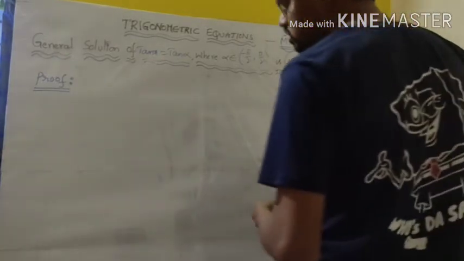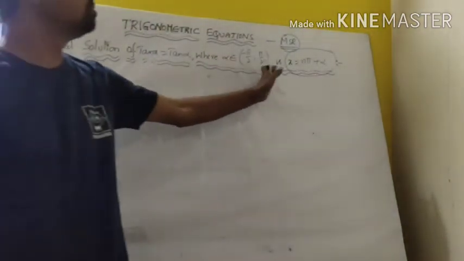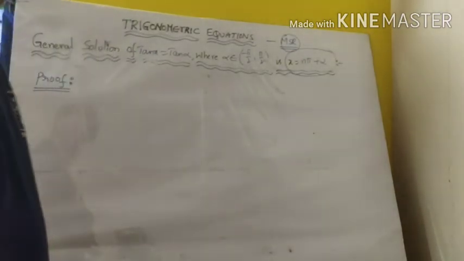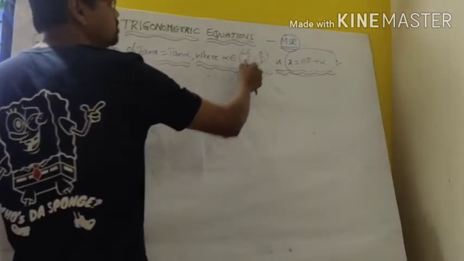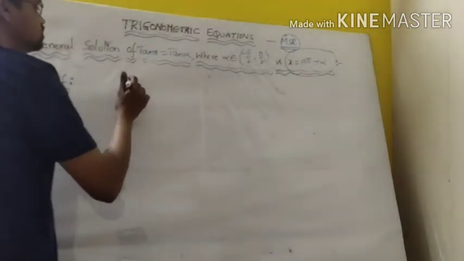So the general solution of tan x equals tan alpha, where alpha belongs to minus pi by 2 to pi by 2, is x equals n pi plus alpha.